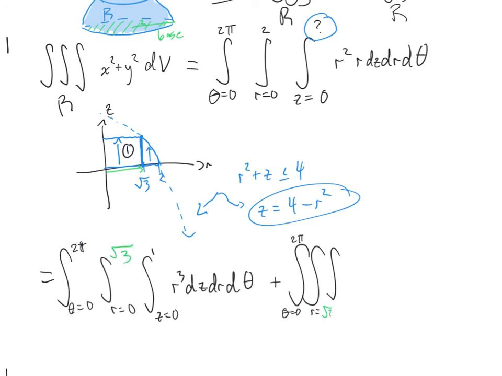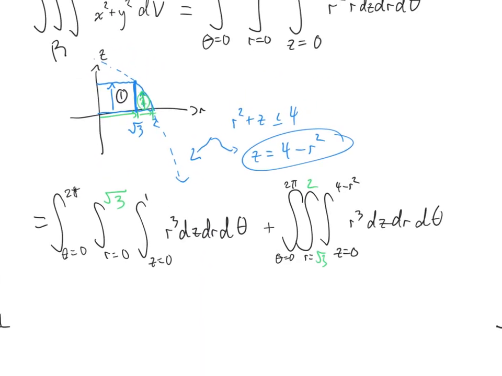And then r starts at root 3 and goes up to 2 in the second integral. And when you're at a given r height, your z coordinates start at 0 and go up to 4 minus r squared. And so our integral here is r cubed dz dr d theta. And each of these we can compute separately.